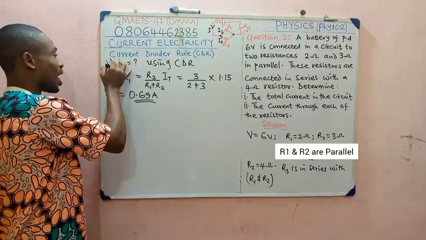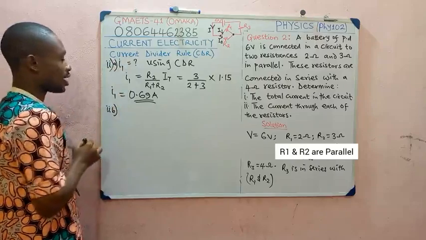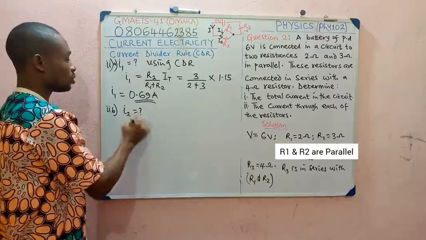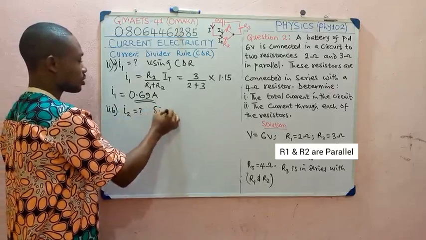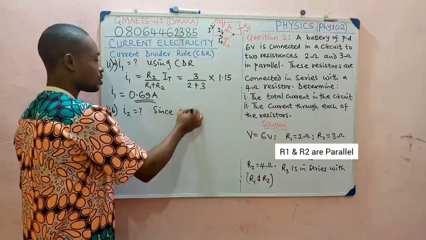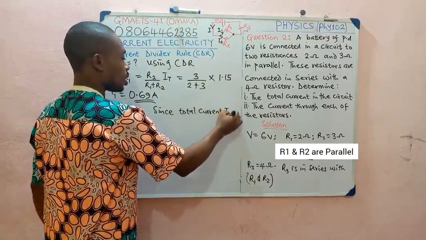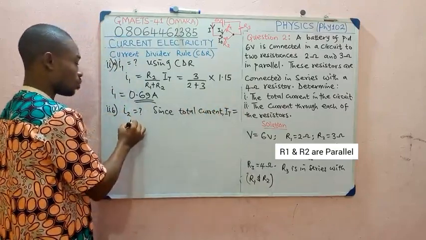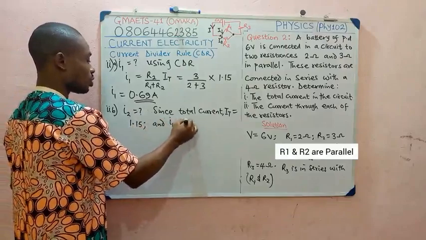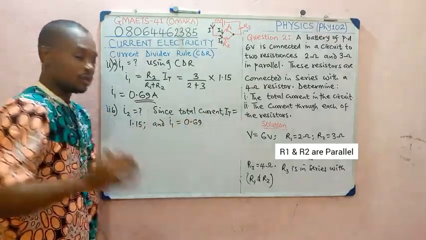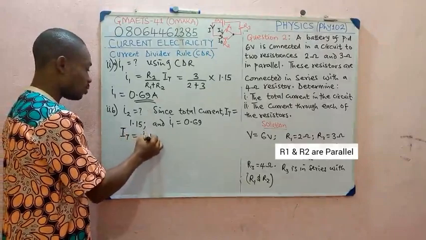Then, we now want to obtain the next one. Let this be IIA. Then we're now looking at IIB. We want to get I2. We don't know. Again, we've gotten our total current. Since I total is equal to 1.15, and we know I1 to be equal to 0.69. We know that I total shared into I1 plus I2.